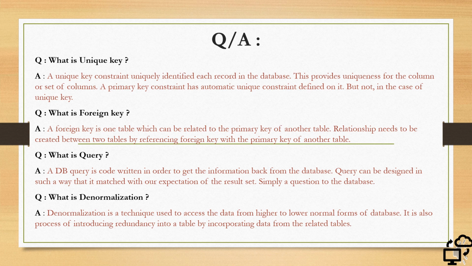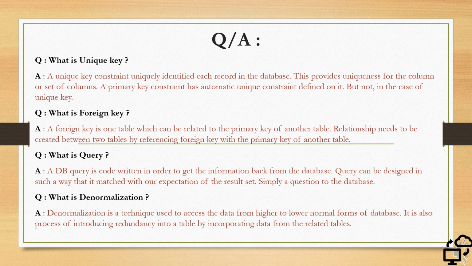A foreign key in one table can be related to the primary key of another table. Relationship needs to be created between two tables by referencing foreign key with the primary key of another table. What is a query? A DB query is code written in order to get the information back from the database. A query can be designed in such a way that it matches our expectation of the result. Simply, a question to the database.